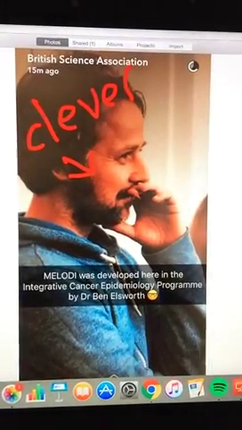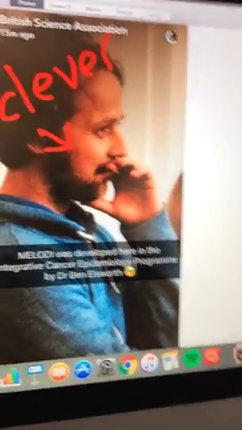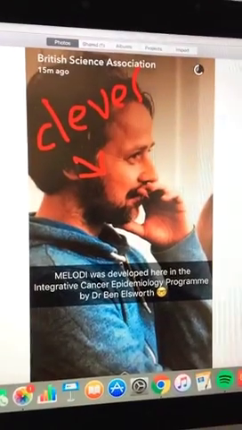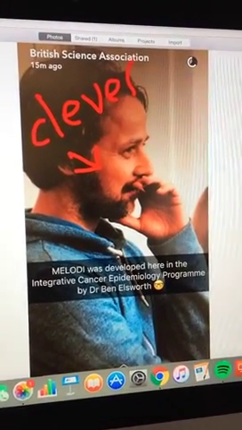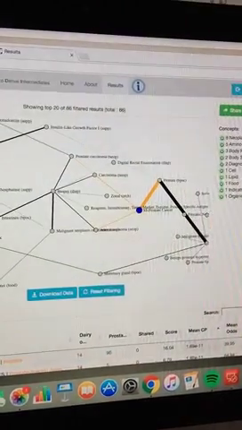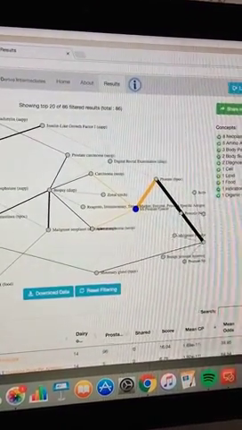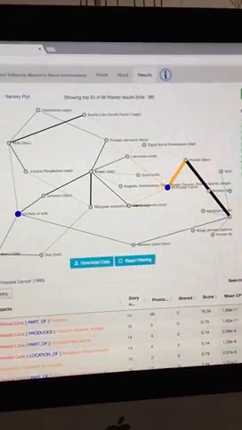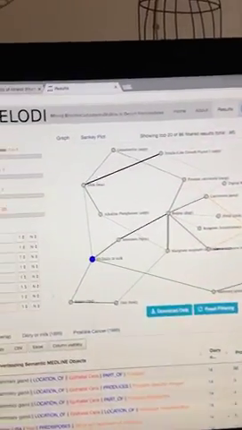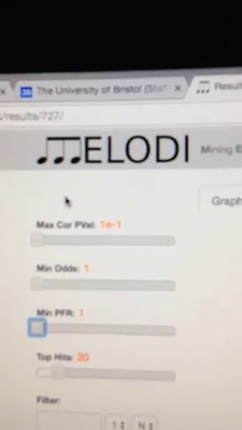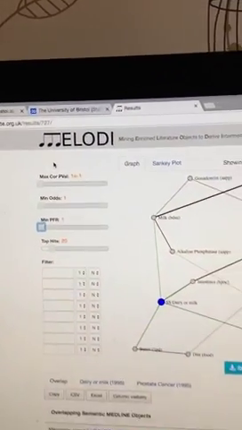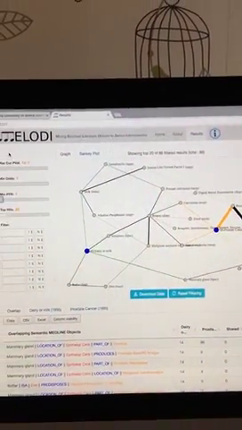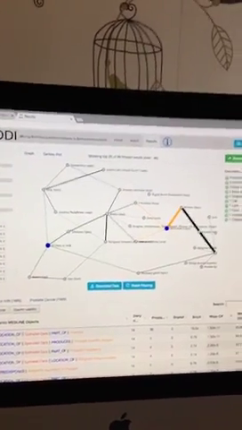a computer program that finds overlap between two sets of literature. As I was saying, we've got our masses of studies on milk and our masses of studies on prostate cancer, and this is what we've come up with. This is a program called Melody, and we upload all of the literature that we're interested in into it, so it's a lot.